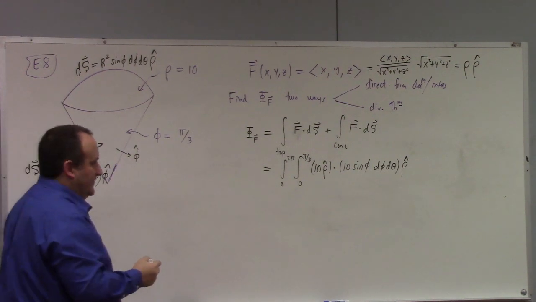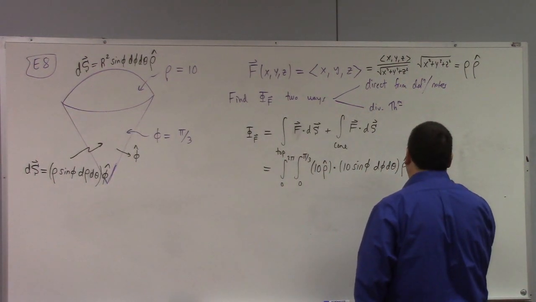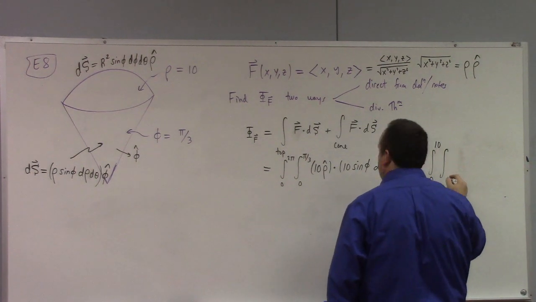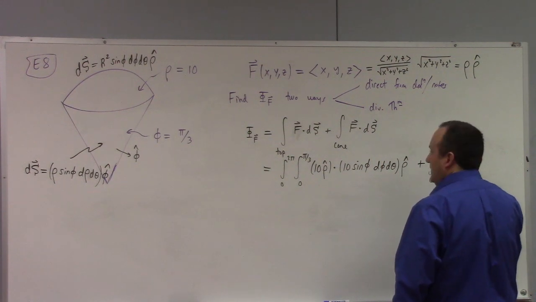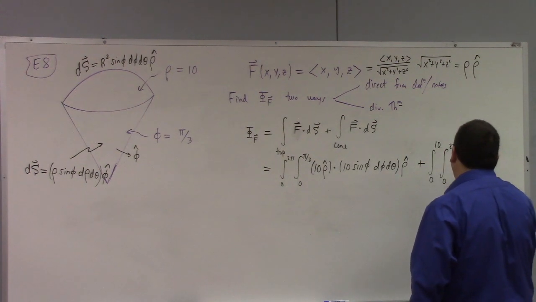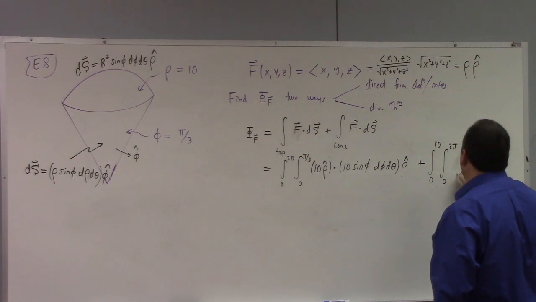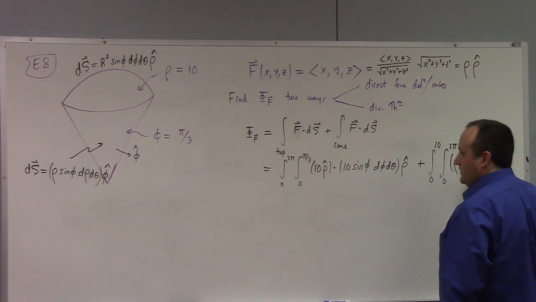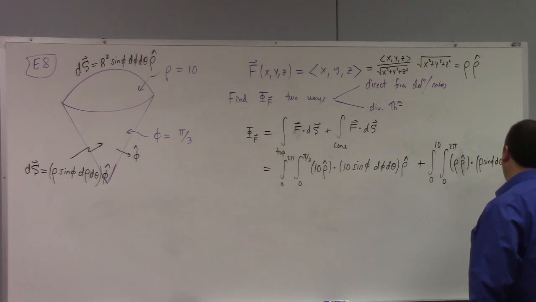Now Sam is right. It's irrelevant because this piece gives you 0. I'll write it out symbolically though because it's useful, as an exercise on how the bounds go. So we go from 0 to 10, 0 to 2 pi, and we've got our 10 rho hat vector field, except it's not 10 rho hat now, it's rho hat here, because rho is not fixed at 10, rho is a variable on the cone, dotted with my rho sine phi d theta d rho.